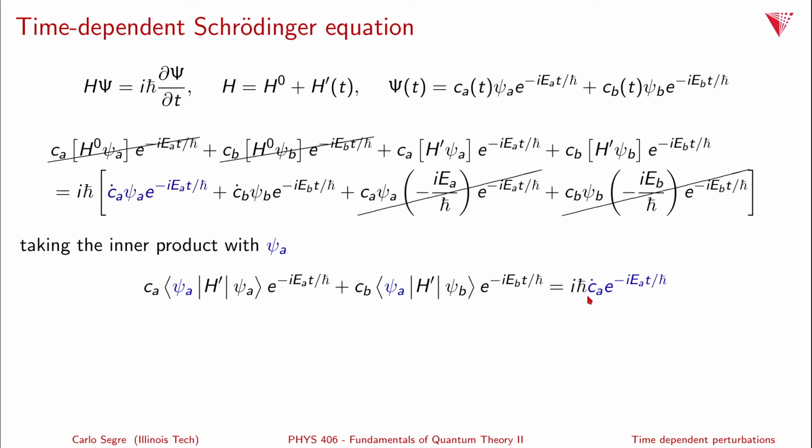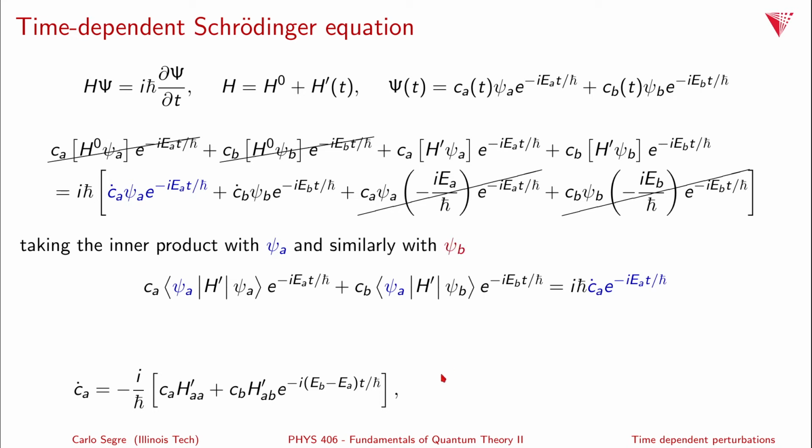So we're left with iħ Ca dot e to the minus i Ea t over ħ. If we solve for Ca dot, we get Ca dot is equal to minus i over ħ, Ca H'aa plus Cb H'ab e to the minus i (Eb minus Ea) t over ħ. H'aa is simply this matrix element here. H'ab is just this matrix element here.